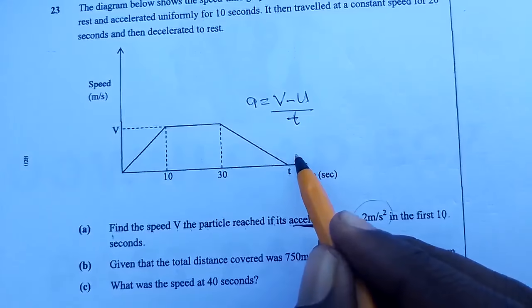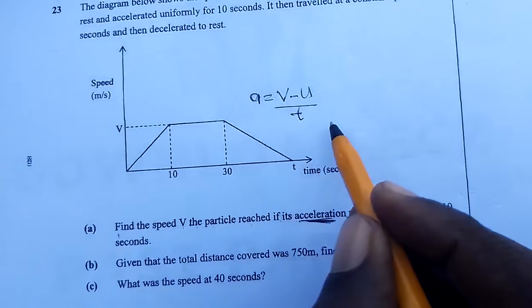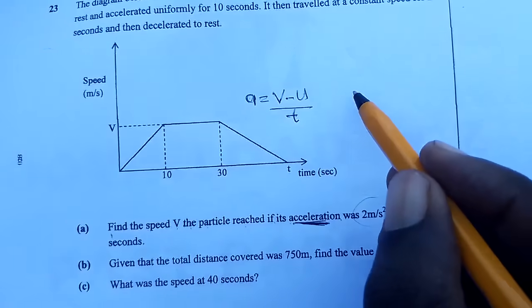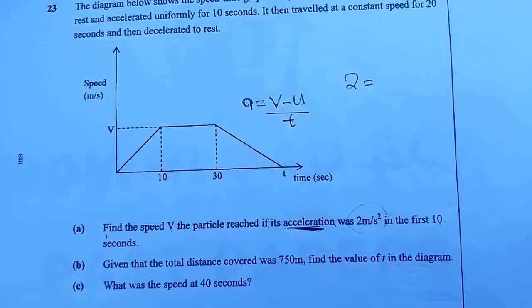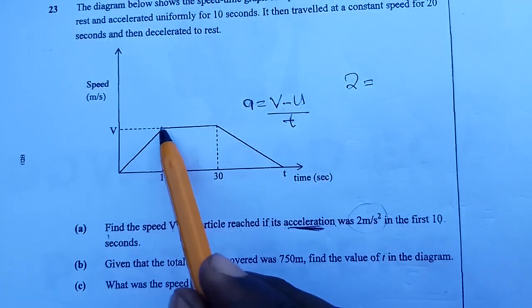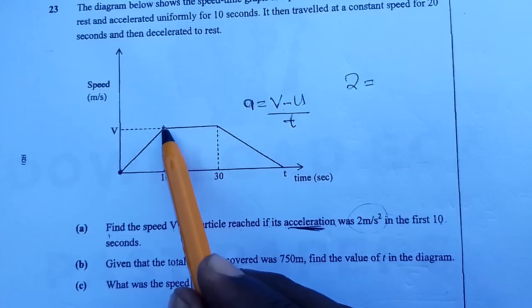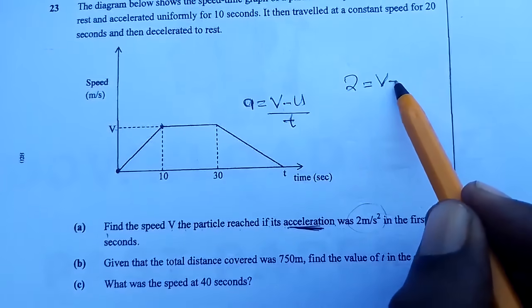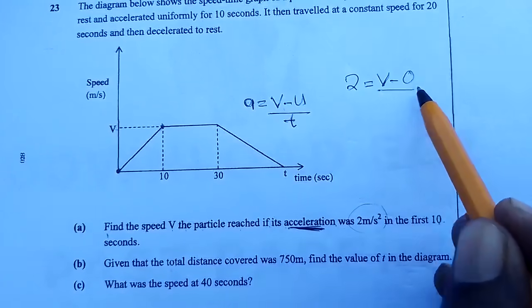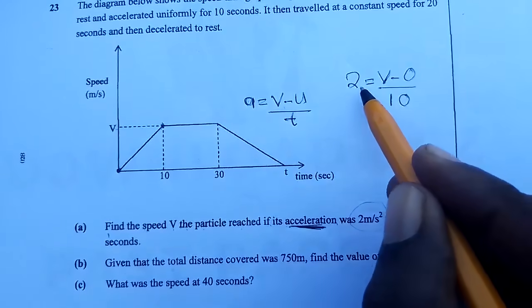Acceleration is 2, so 2 is equal to final velocity. It started from rest to there, v. Final velocity is v because we don't have any value, minus 0, over time. Time is 10. Over 1, then you cross multiply.